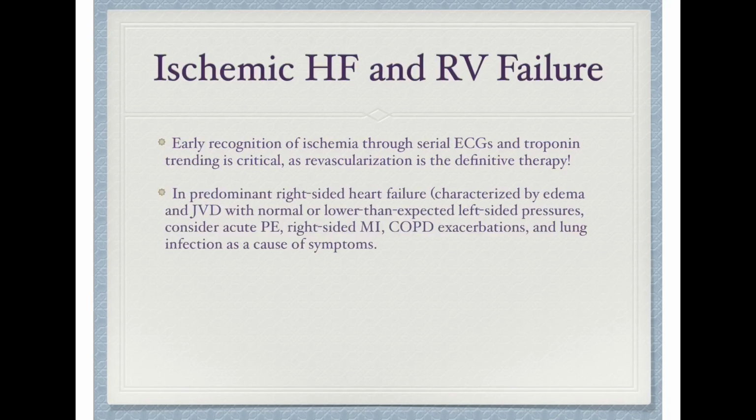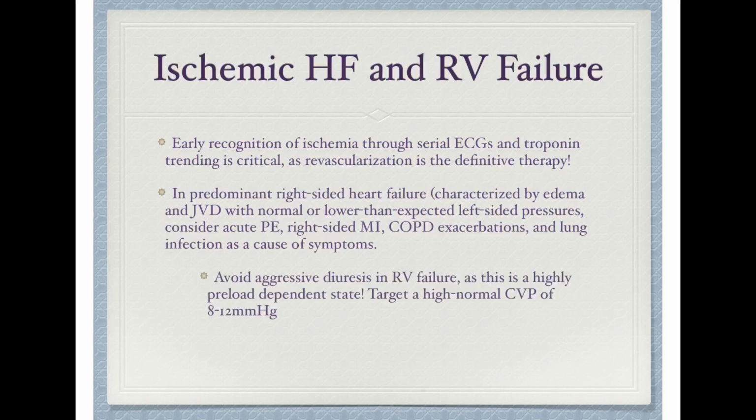Patients with isolated right-sided heart failure are usually characterized by edema and JVD with normal or lower than expected left-sided pressures. You should consider causes of these to include acute pulmonary embolism, a right-sided infarct, or acute lung pathology such as a COPD exacerbation or pneumonia.